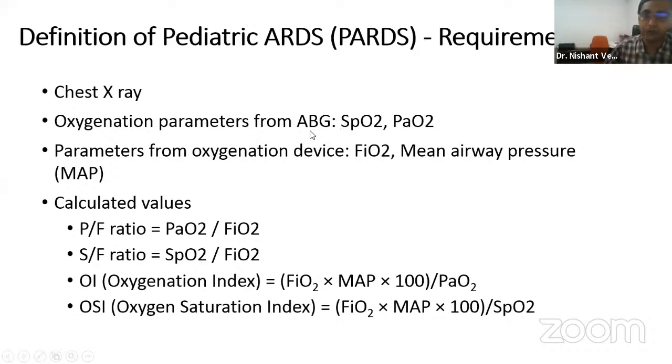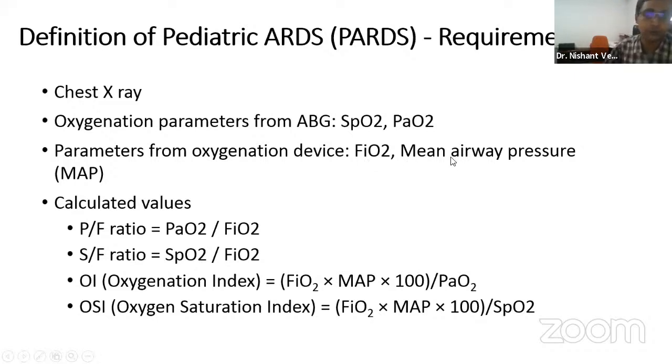SpO2 can be measured even without ABG from the pulse oximeter, but for PaO2, you need to have an ABG. We also need certain parameters from the device which we are using, either a ventilator or a BiPAP machine. These parameters include FiO2 and mean airway pressure.